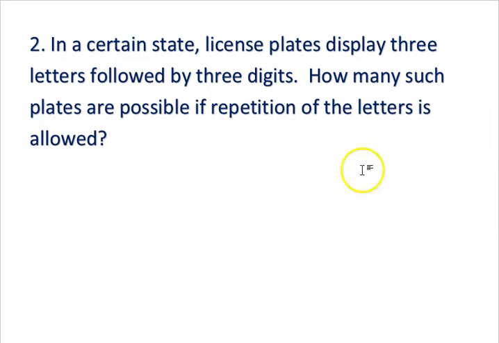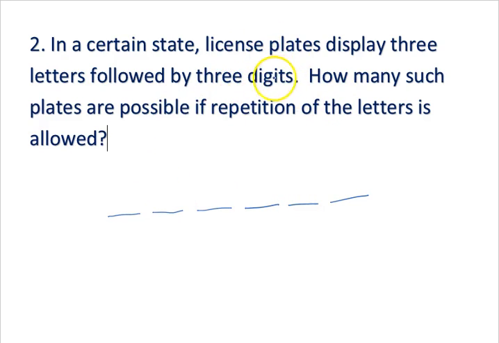Okay, for our second question, we are going to talk about license plates, and it says, in a certain state, license plates display 3 letters followed by 3 digits. How many such plates are possible if repetition of the letters is allowed? So like I said, I make myself blanks for how many things I'm trying to fill, and I have 6 things here on the license plate.